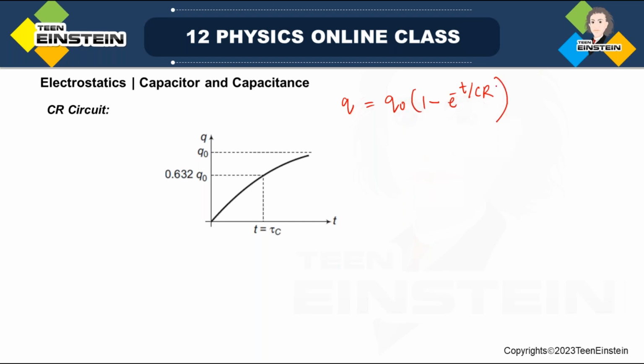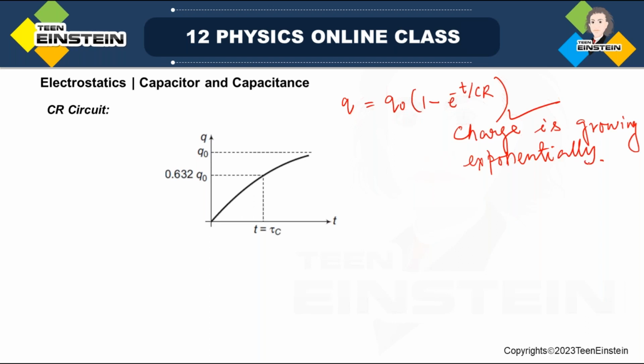C and R have a different meaning, I'll tell you. So you can see here how charge is exponentially growing. If I draw the charge at any instant of time, it is actually growing exponentially.